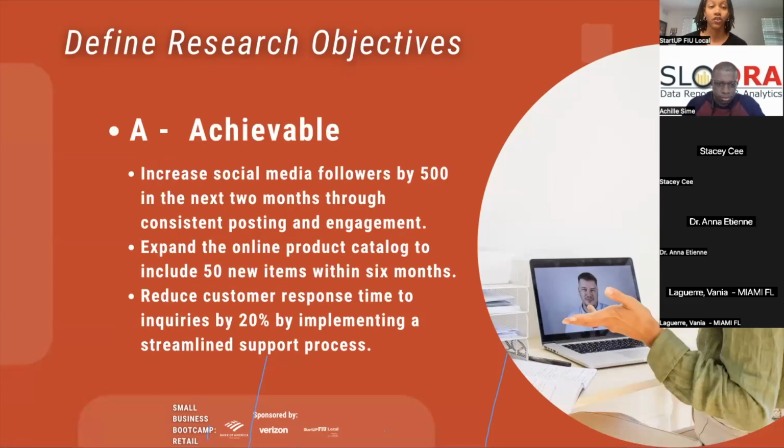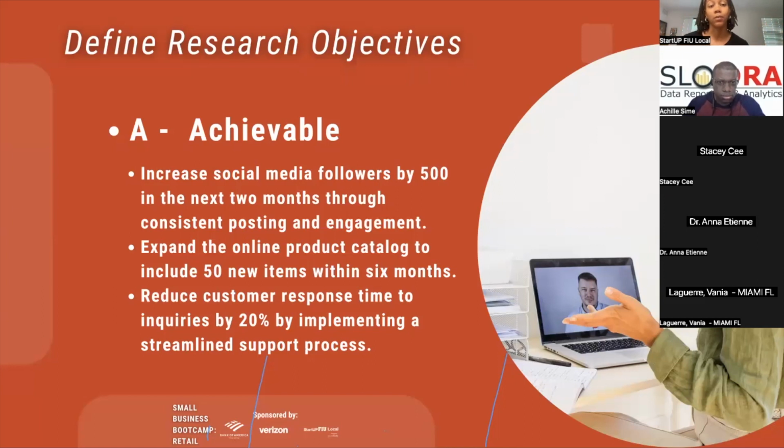Next, your goal needs to be achievable. This means that it needs to be within the realm of possibility with your current structure. Many of you are solo entrepreneurs. Many of you are the operating manager, the front of house, everything to your businesses. You need to make sure that your goals are able to be achieved within the realm of what you can do now.